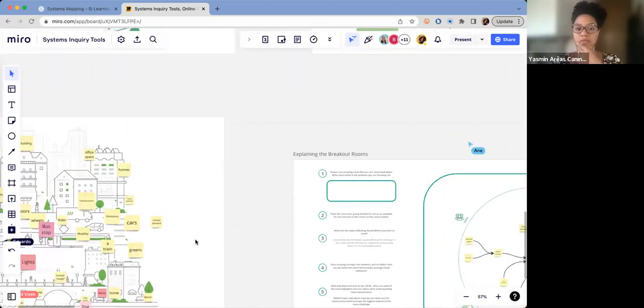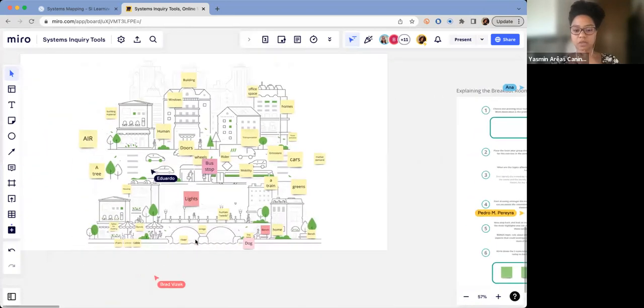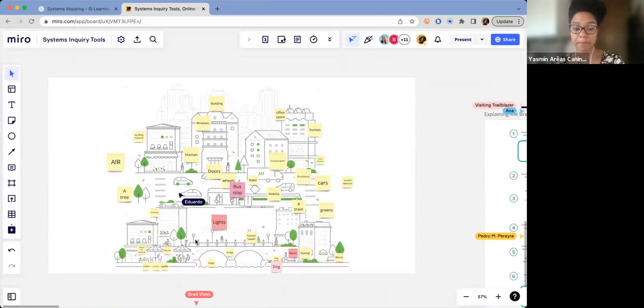So for us to continue here and have some time to work on the maps, I just wanted to share some more features of Miro board that are going to be important for the exercise that we're going to do. And here is the exercise that we did last week, right? So this is the city, and then we've added here the elements that we could see in the city, right? So we put here a tree, doors, humans, homes, cars, lights, a lot of the elements that we could see, right?